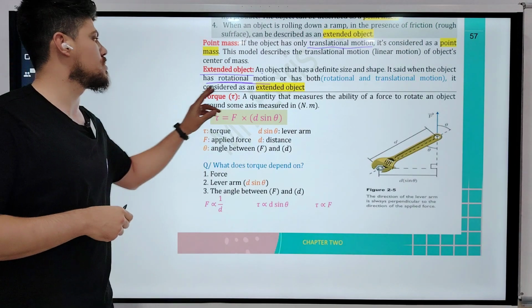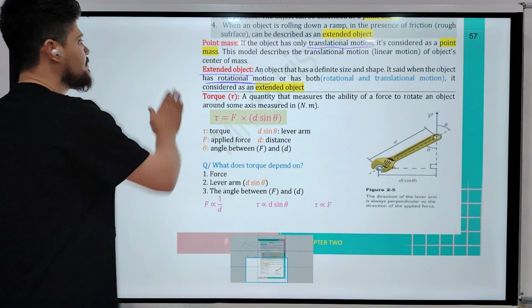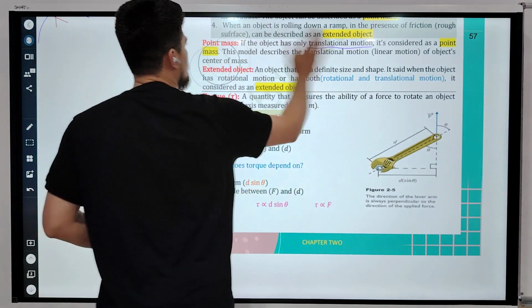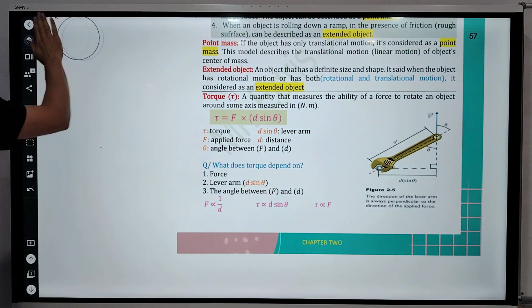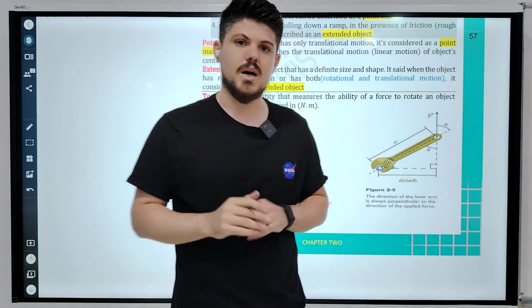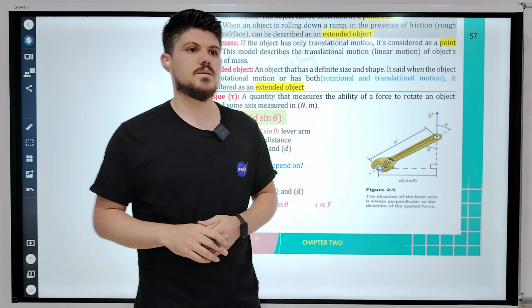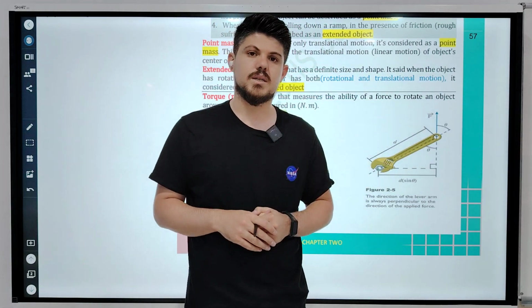So in that case, it's considered an extended object. Okay? So I hope you get an advantage from these two types of motion, extended object and point mass. It is very important for students to recognize when an object is treated as a point mass and when it is treated as an extended object.